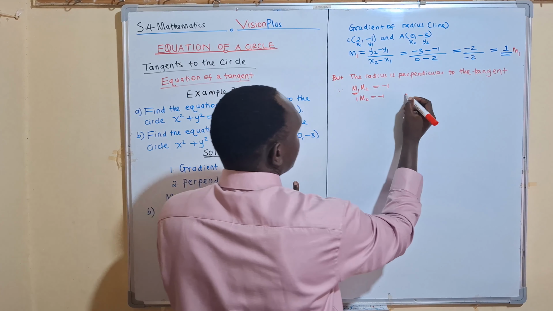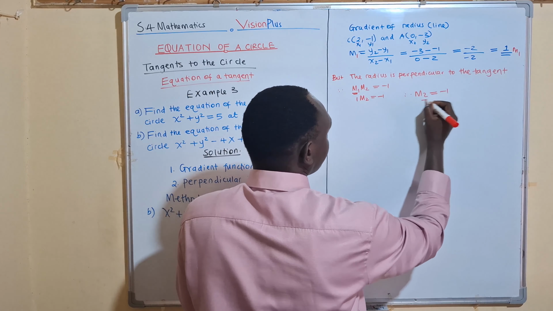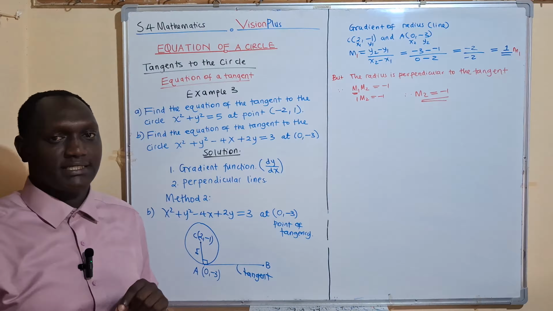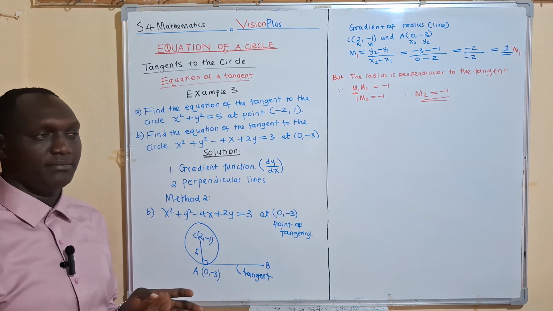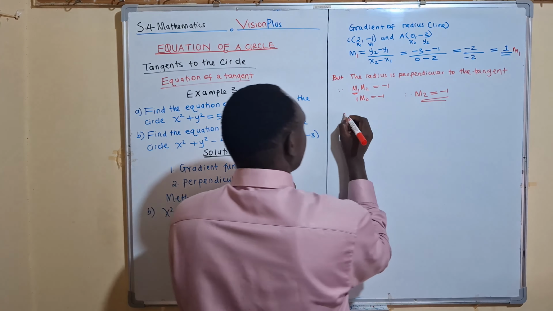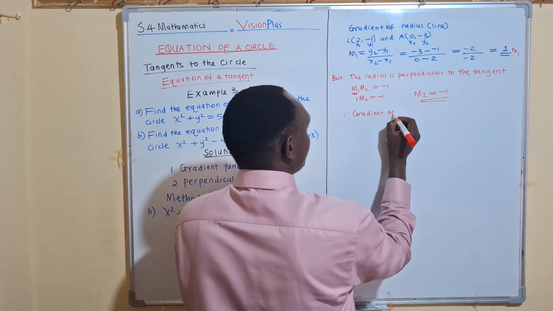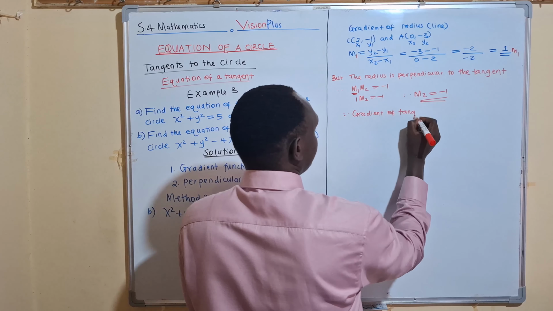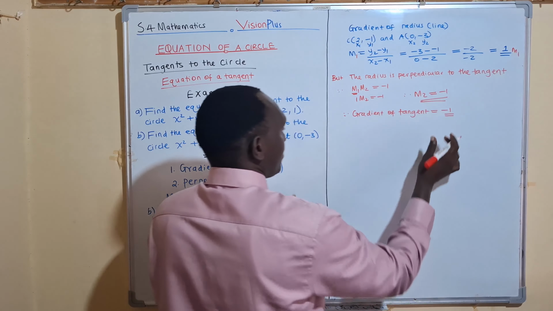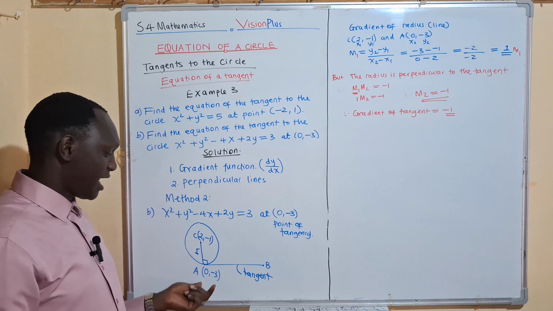If I make M2 the subject, therefore my M2 becomes -1. This is now the gradient of the tangent, which is the second line, M2. Therefore, the gradient of the tangent equals -1.